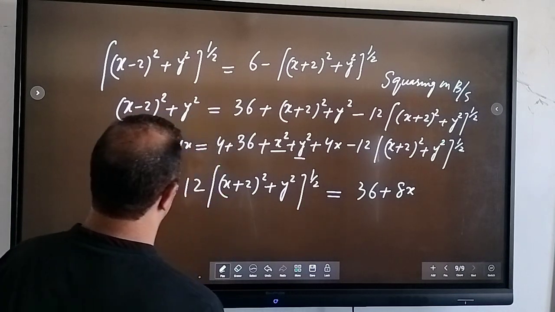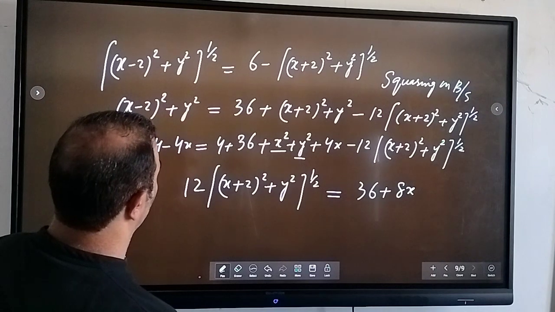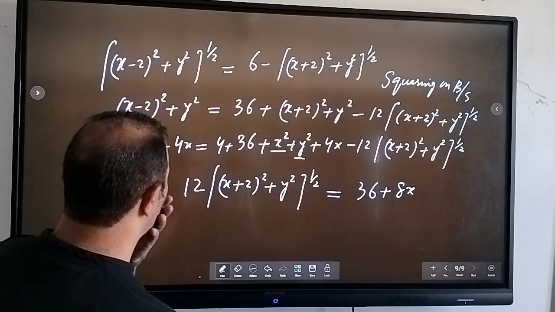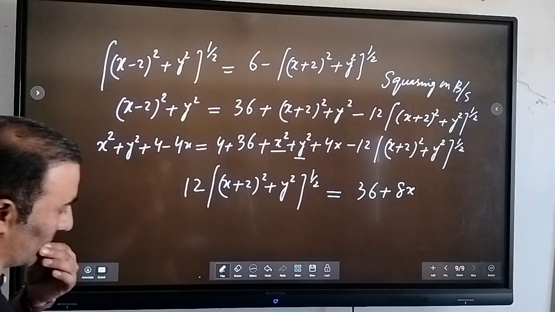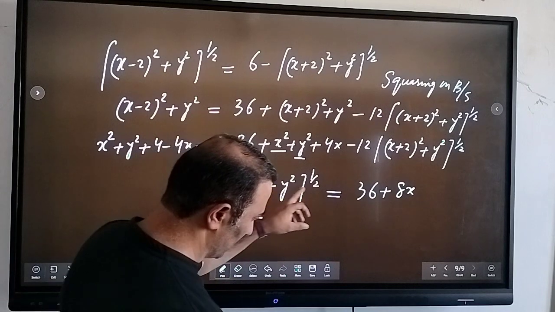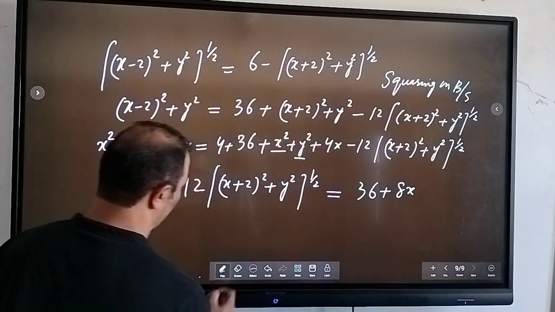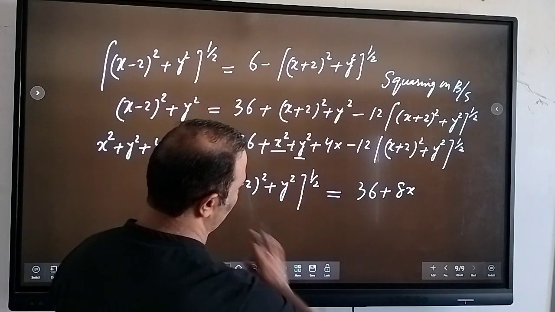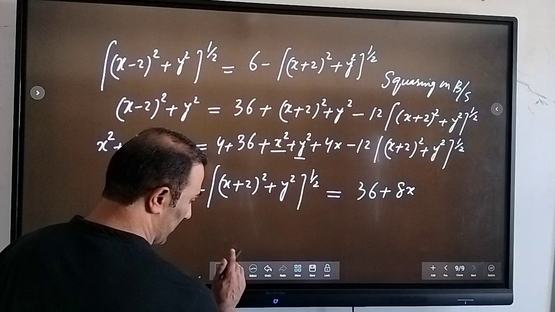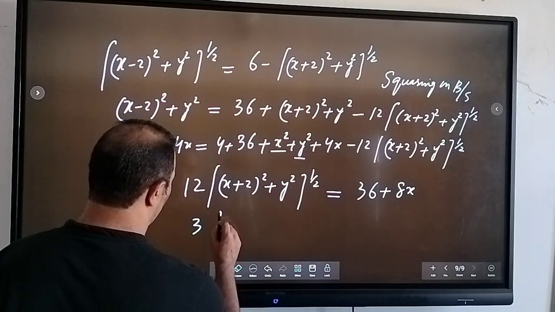Now 36 plus 8x, so that's 12. That's right. This will cancel on both sides, so that's it. Now you can write this by dividing by 4, so this will be 3 into.